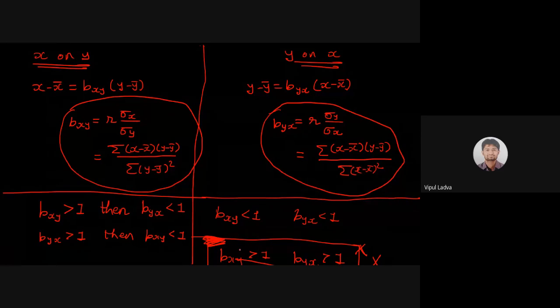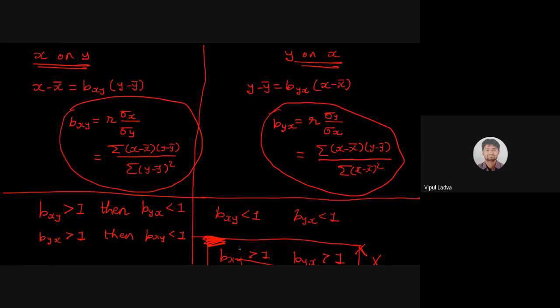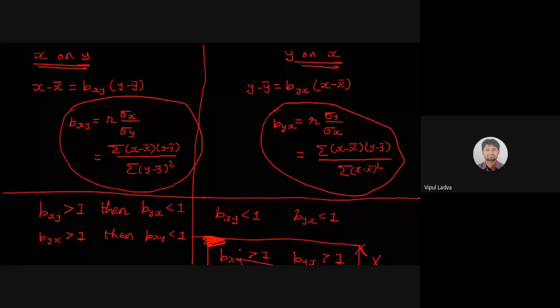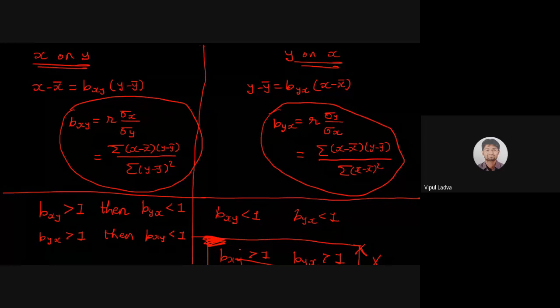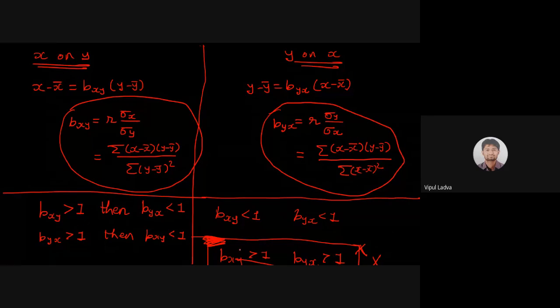If you are not clear with the properties, there will be a lot of confusion for both regression coefficients bxy and byx. Hopefully all of you are good with the properties related to both regression coefficients as well as the properties related to the coefficient of correlation. In the very next session we will deal with examples.